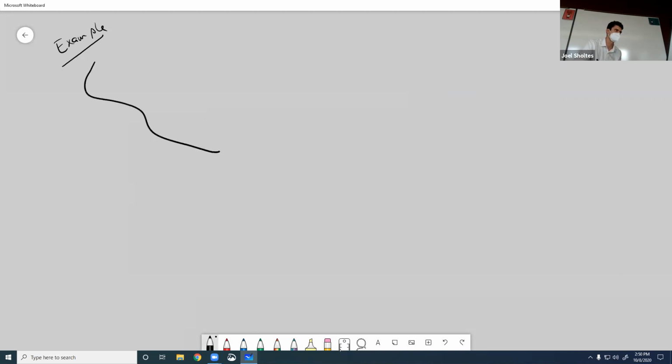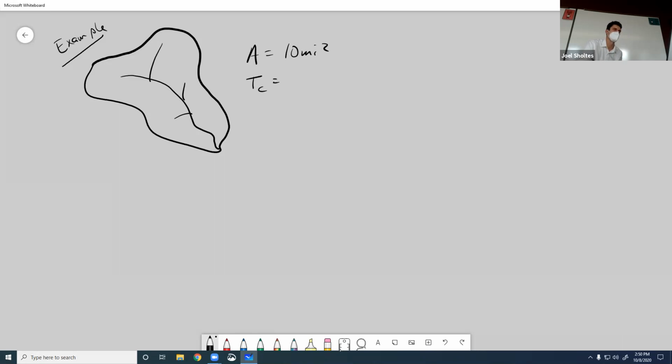Okay, so we have a nice little watershed here. And the area is 10 miles squared. And we did the time of concentration calculation, and we came up with 5.6 hours.